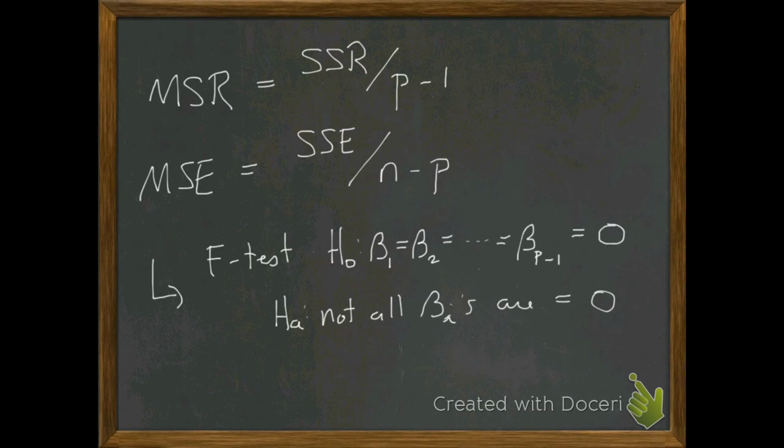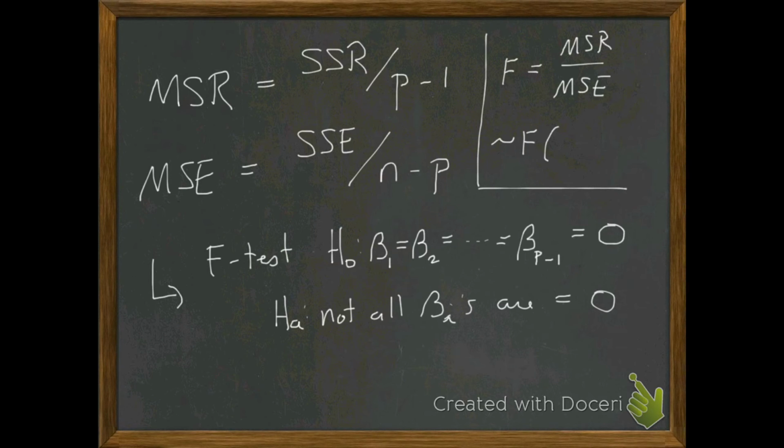And of course, guys, it's pretty obvious here that f is equal to the mean square regression over the mean square for the error, and it follows the f distribution with degrees of freedom p minus 1, n minus p.